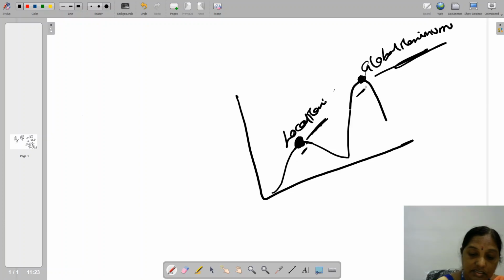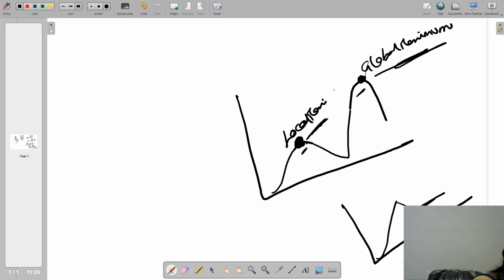The next drawback is the plateau. Suppose here there is a plateau, meaning a flat surface, and then there is a mountain. You are climbing the mountain and you reach here. Whenever you look at your surroundings, you cannot see a better solution to move upward.